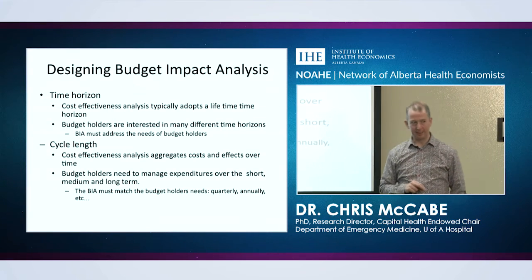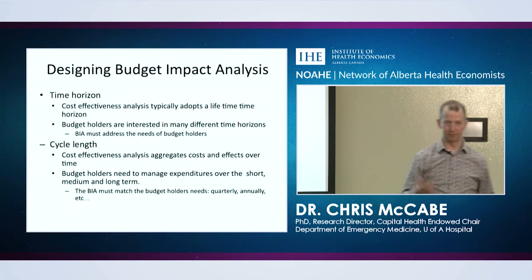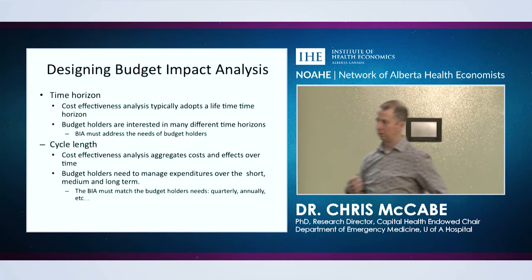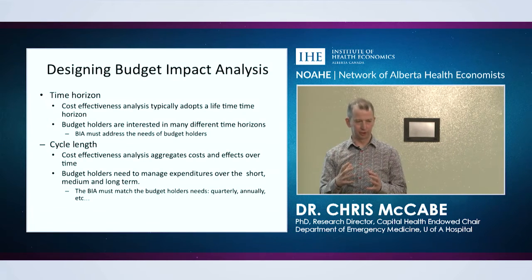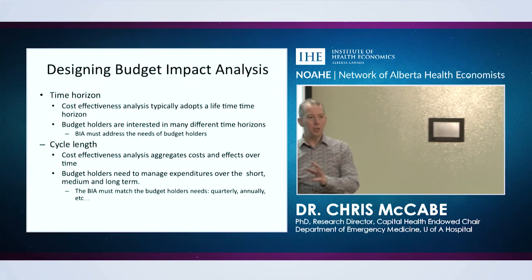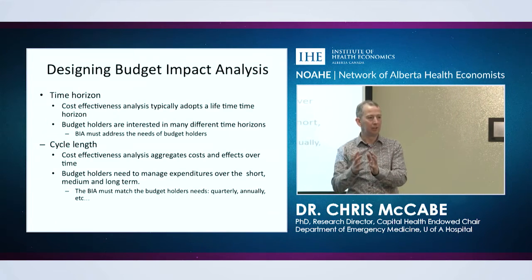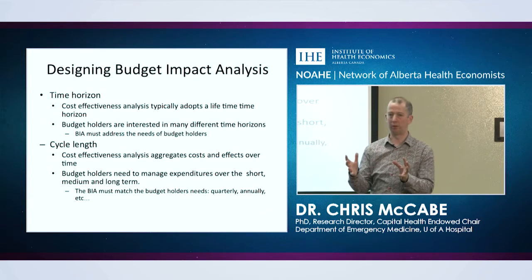Cycle length, similarly. Telling the Department of Health that it was 500 million over 5 years wasn't really useful, because they wanted to know, right, are you going to get 70% of these people in the first 6 months of year one?